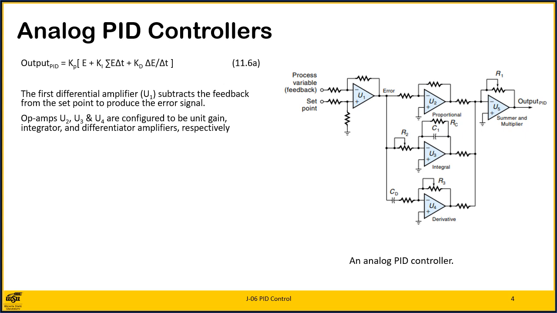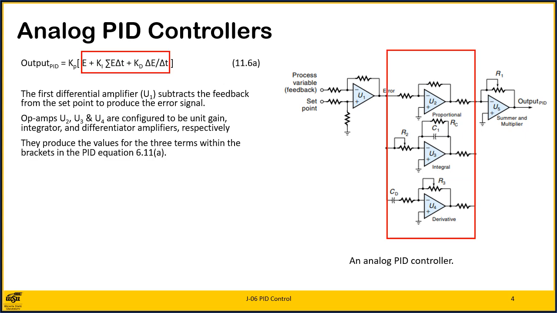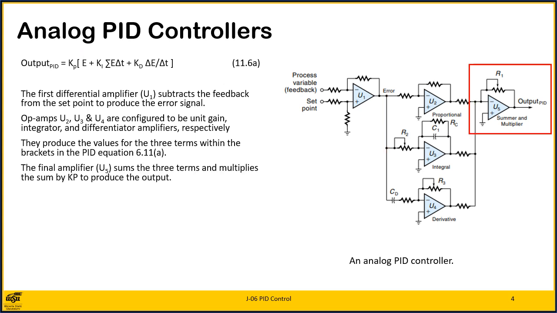Op amps U2, U3, and U4 are configured to be unit gain, integrator, and differentiator amplifiers respectively. They produce the values for the three terms within the brackets in the PID equation 11.6a. The final amplifier U5 sums the three terms and multiplies the sum by the Kp to produce the output.